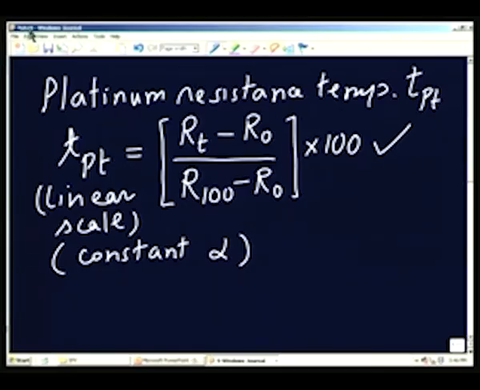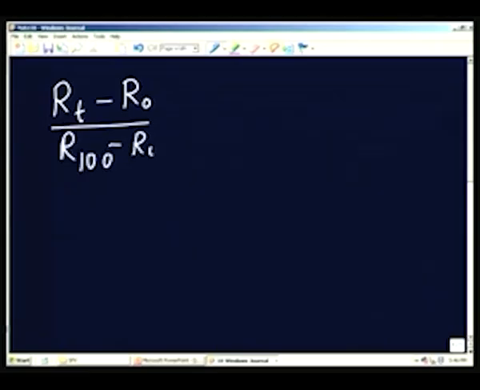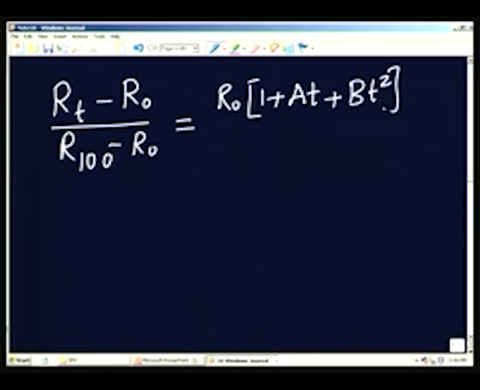Now, let us look at the nonlinear case. So, if I write RT minus R naught divided by R100 minus R naught, RT we know that it is equal to R naught into 1 plus AT plus BT squared. This T is not the platinum resistance temperature, it is the actual temperature I am talking about here.